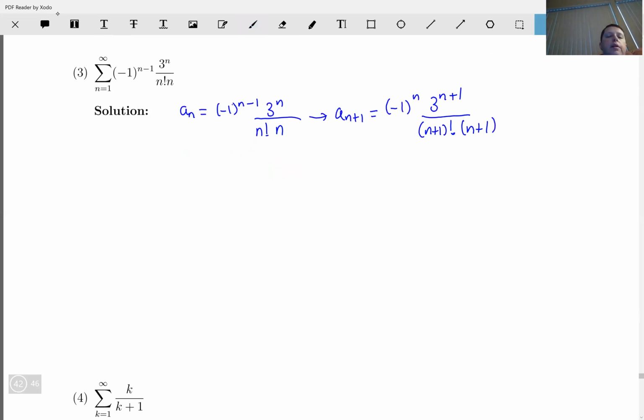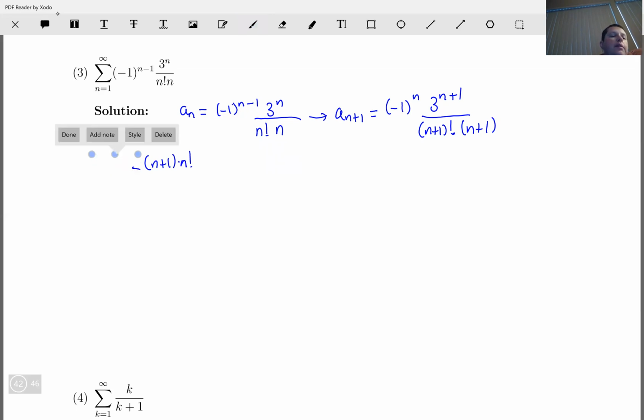Right, so again, recall that n plus 1 factorial is going to be n plus 1 times n factorial. Let's keep that off on the side.